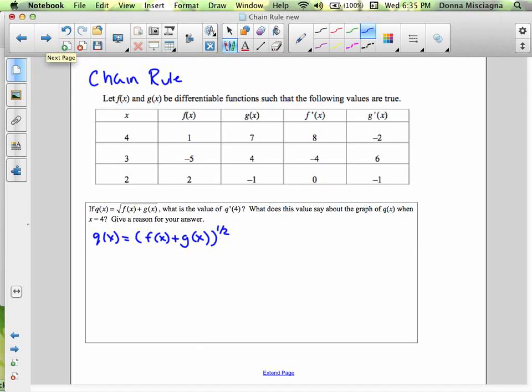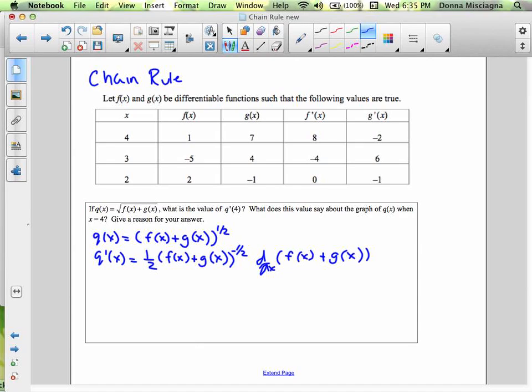Now Q prime of x equals 1/2 and then the blob, f of x plus g of x. Reduce the exponent by 1, so that would be to the negative 1/2 power. And then we need to take the derivative of f of x plus g of x.